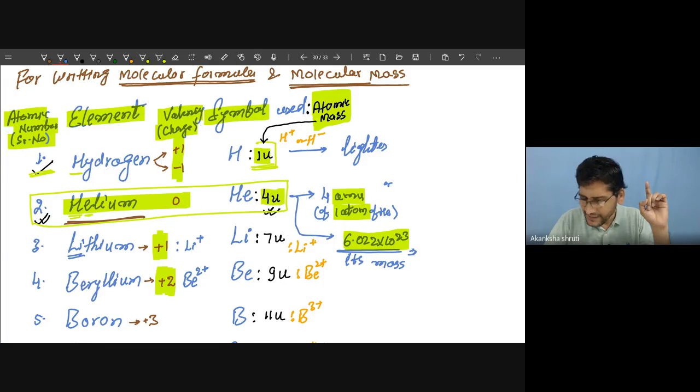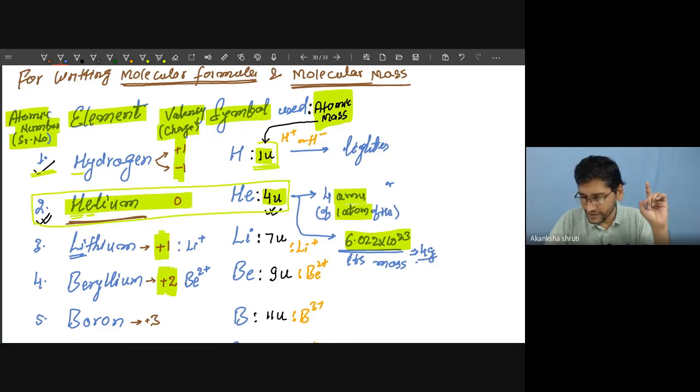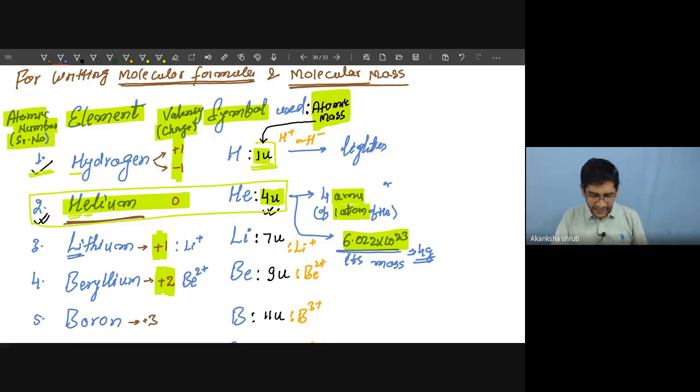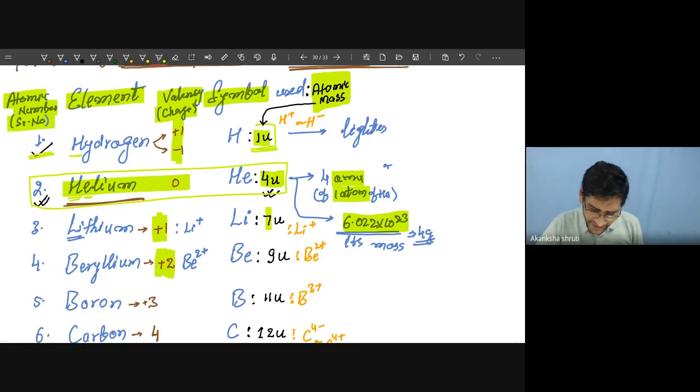So it becomes 4 gram for helium. Similarly, you just remember this number in your mind. Forget this U and G. U simply indicates it will be for one atom, and if G is there, you have to keep in mind it will be 6.022 into 10 to the power 23 atoms.